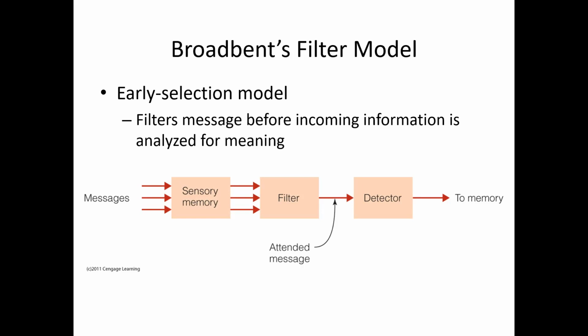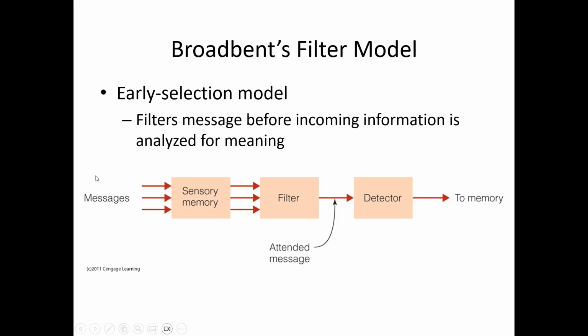This type of filter model can prevent us from an information overload. The early selection model is another way of phrasing Broadbent's filter model. It filters these messages before incoming information is analyzed for the meaning.